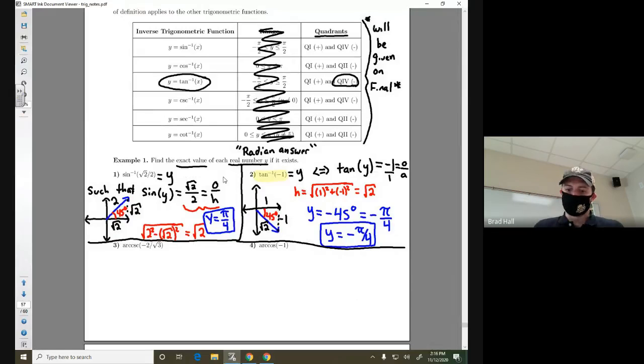So we'll move on to part 3, which says arc cosecant, as it's read, of -2 over square root of 3. We're trying to figure out the exact value of arc cosecant of -2 over square root of 3, which is the same exact thing as cosecant inverse of -2 over square root of 3.